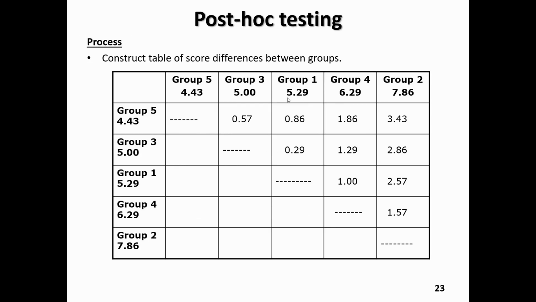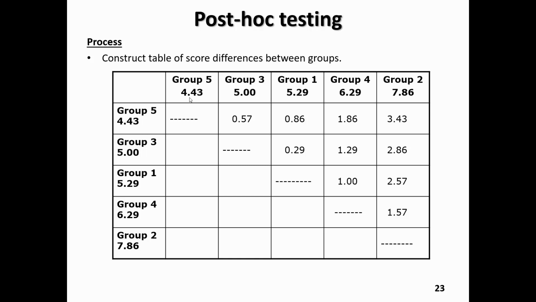And we do this in a table where we zero in on the group average. So once we've generated our descriptive statistics, then we go back to our descriptives and we pull up the average for each group. You'll notice along the top I have the group numbers here, but these are not in numerical order by the group assignment.